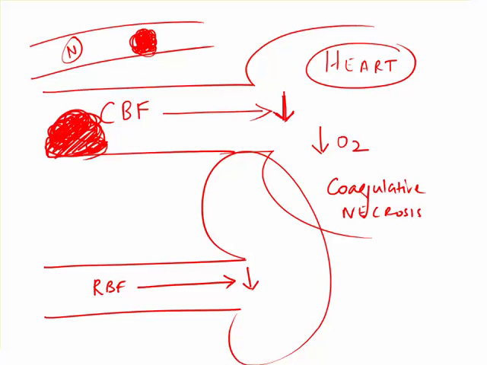In the kidney, renal infarction. In the spleen, splenic infarction. In the lung, lung infarction. So the concept is the same. The principle is a reduction in blood flow; it could be for any reason, but if it is due to occlusion and produces coagulative necrosis, it is called infarction.